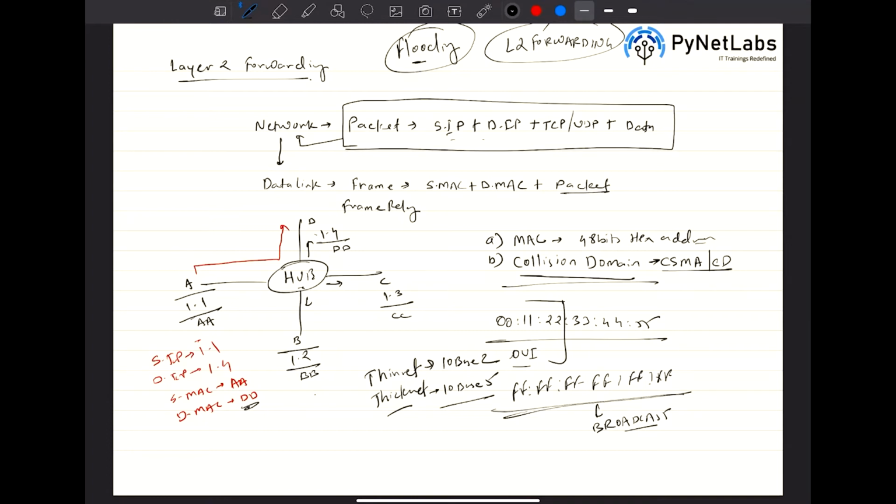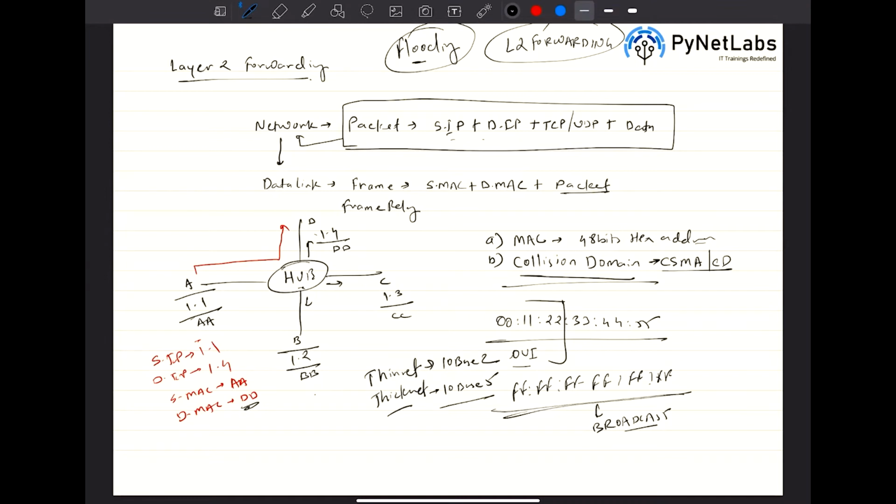Make sense? That's why we do not really use hubs. If a device detects that another device is transmitting data, it sends a jam signal throughout the network with a random timer, and until that time expires, the device will not be able to send any data. Makes sense?